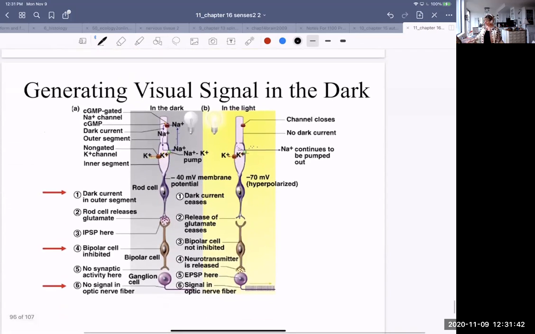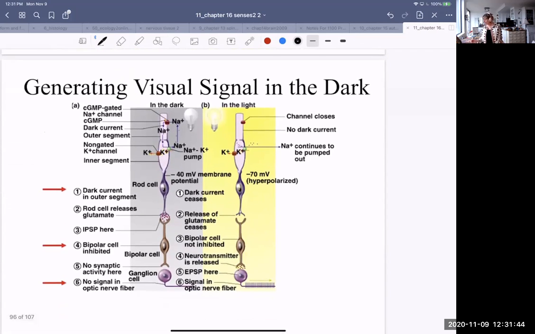So this looks complicated. It's not too bad though. Let's look first on the left-hand side. This is in the dark. So in the dark, here you have your receptor. The most important thing is that this rod cell is releasing glutamate here.